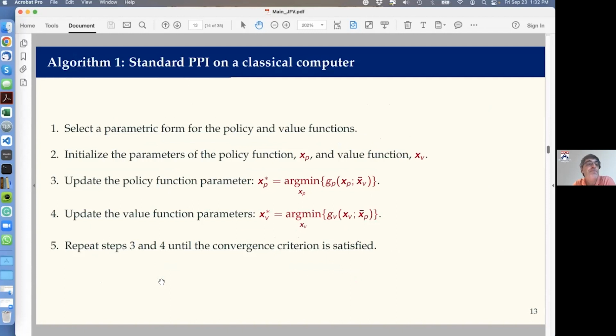Okay, very good. So what is the standard PPI on a classical computer? What you do is the following. You say, well, instead of having a discretized version of the policy and the value function, I'm going to have a parametrization of them with a very simple parametric form. I'm going to initialize the parameters of that approximation, in the case of the policy function xp and in the case of the value function xv.